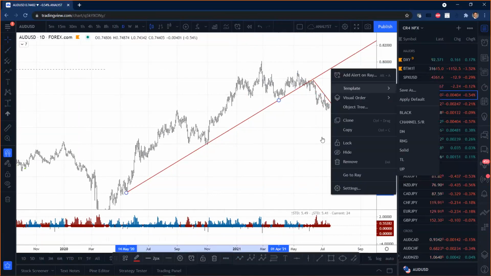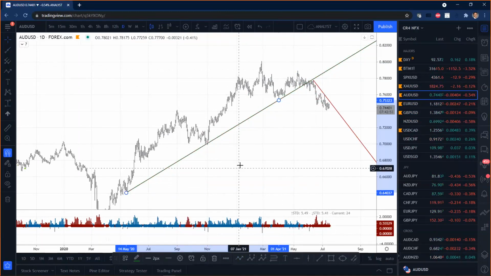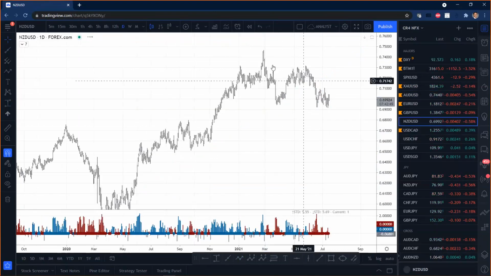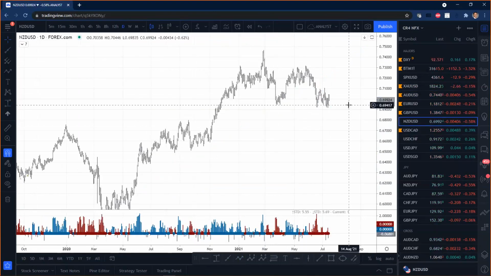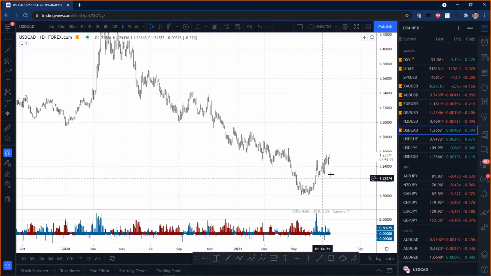So if we just change the color here, you look at New Zealand, you're going to see a similar structure to the Aussie. It's holding up a little stronger here at this support area. But the Canadian, we've seen that weaken alongside of oil, right?